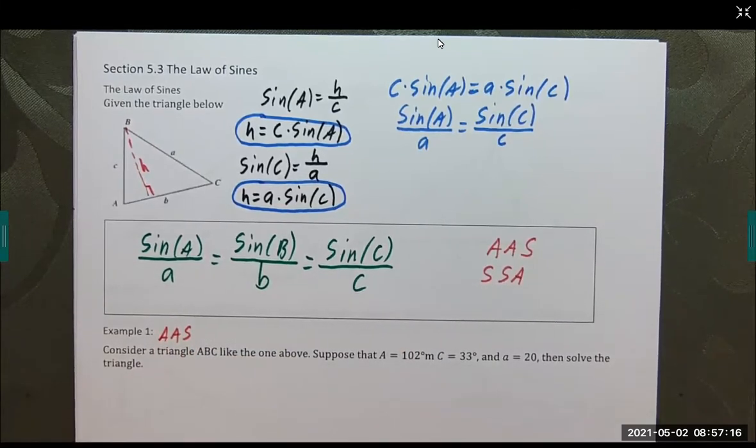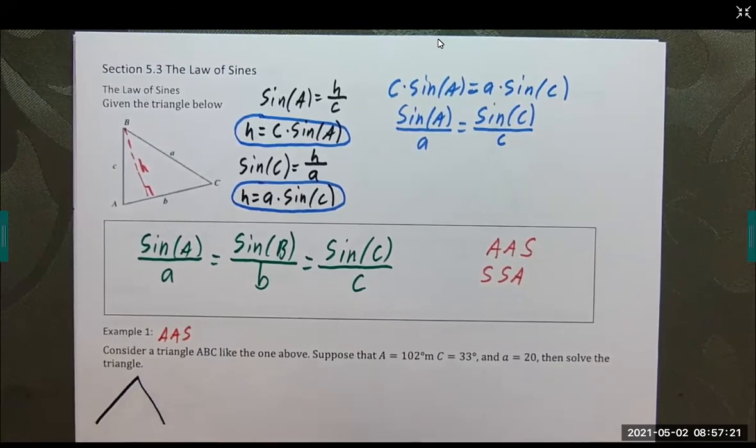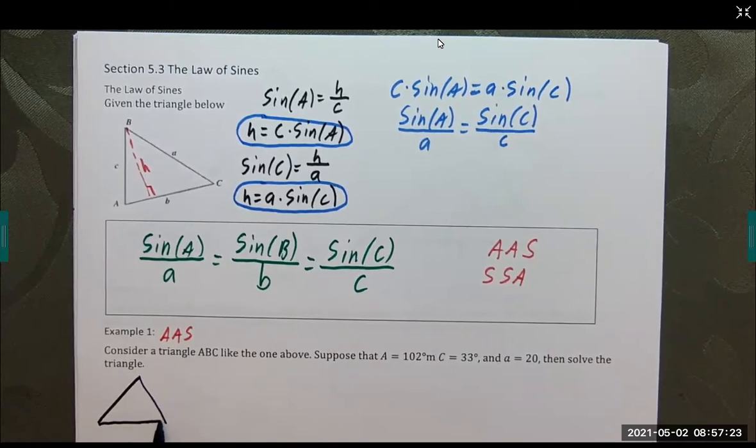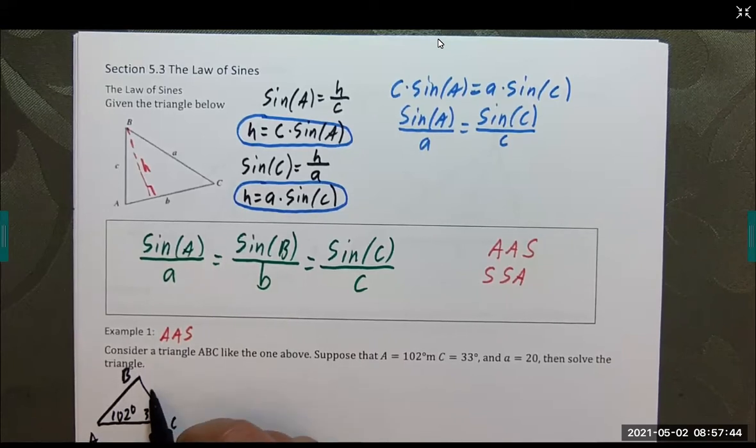And we'll start with the triangle ABC. We have that angle A is 102 degrees, angle C is 33 degrees, and that side A, that's the side opposite angle A, is 20.